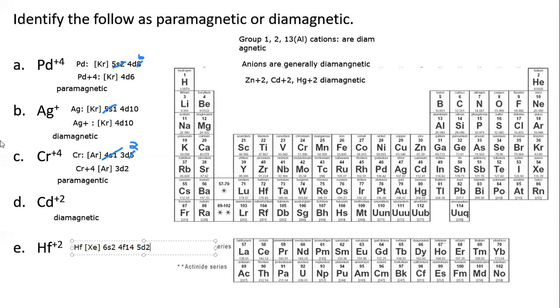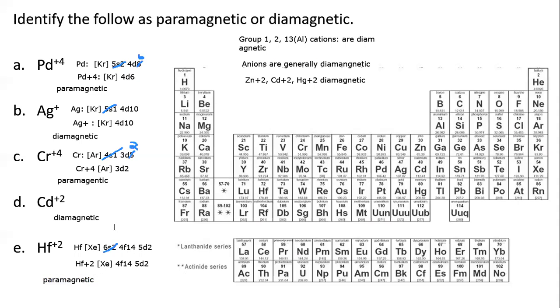So with hafnium 2 plus, we're going to remove from the s orbital first. So 2 electrons go, and then we have, since we have a partially filled d orbital, this would be paramagnetic.